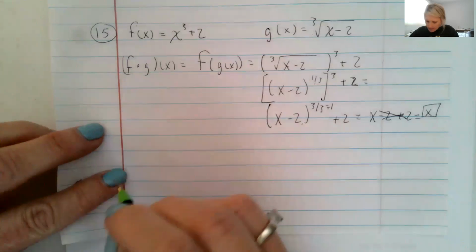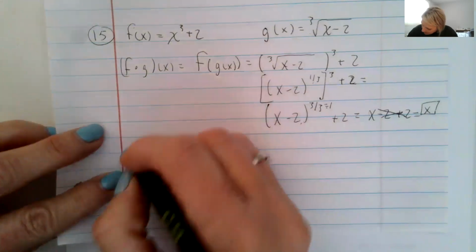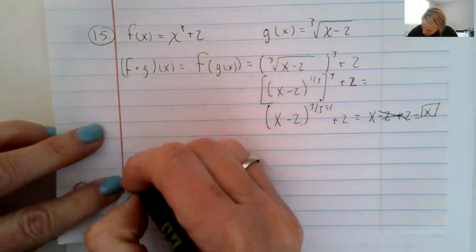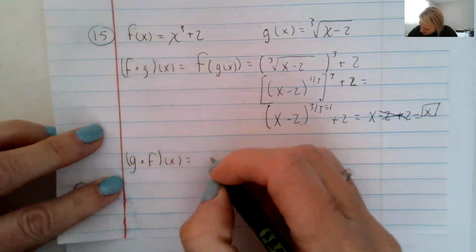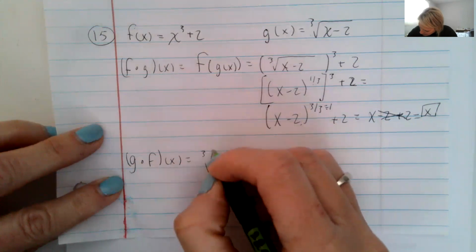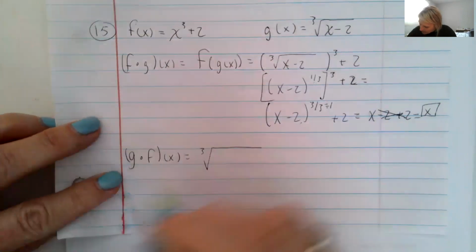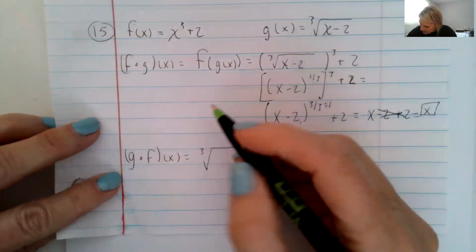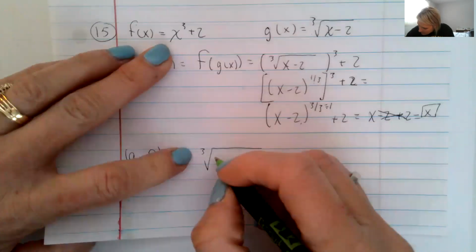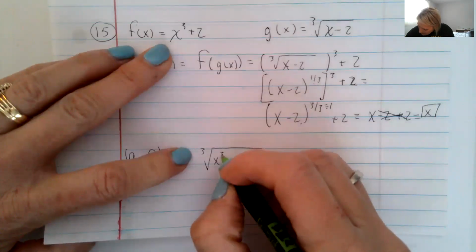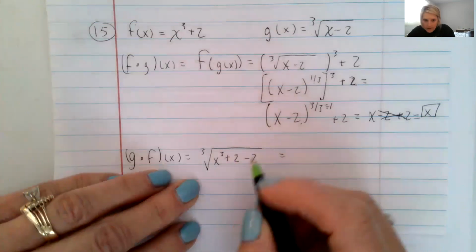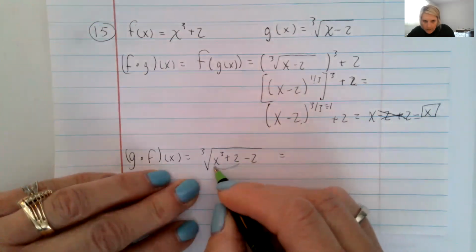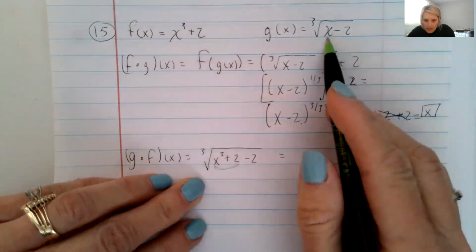Now we need g composed with f. So g composed with f of x. So g is my big function. So the cubed root of something minus 2, and the something is my f function. So it's x cubed plus 2, and then subtracting 2. This is my f function right here. Goes in for x up here.